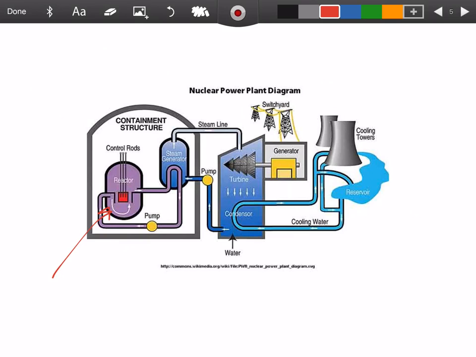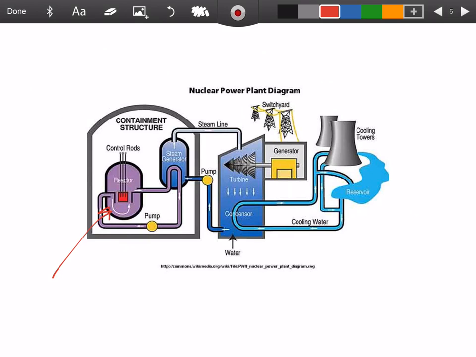When you want the reaction to move forward, you pull the control rods out, and then you don't have a critical mass of the uranium there, but you can allow these neutrons that are being formed to go and hit other uranium particles that are in another rod.